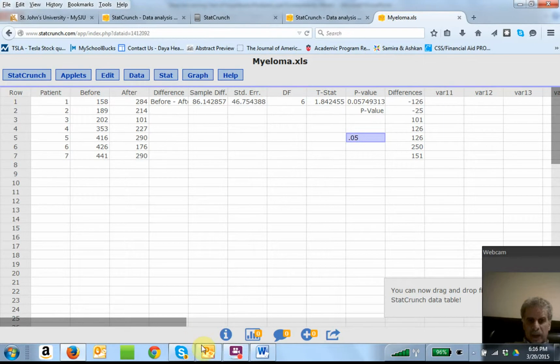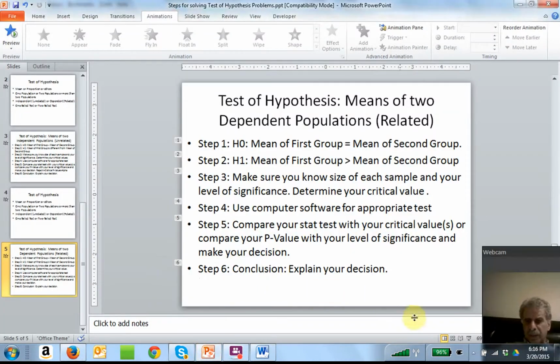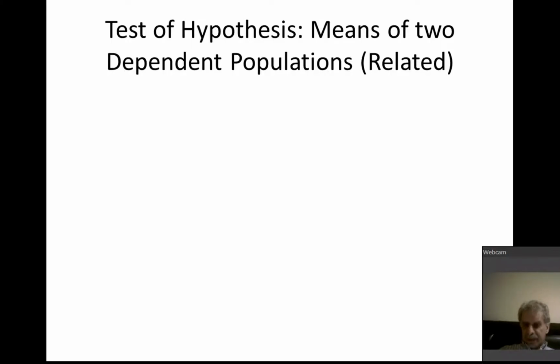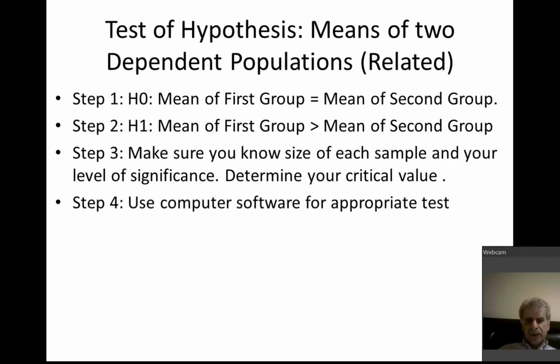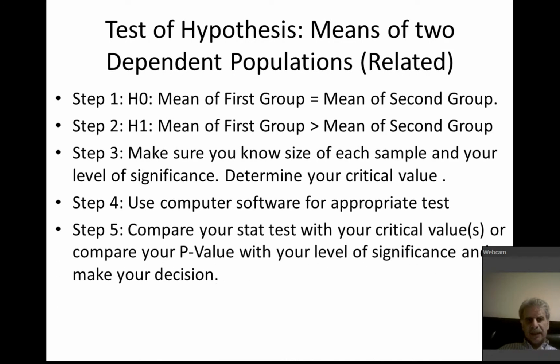So let me go back to PowerPoint and complete the problem. So far, I had this much. Now, based on my statistical test, my alpha, and my p-value, I could make a decision. Remember, my p-value was slightly more than 0.05. It was 0.057, and my level of significance alpha is 0.05.